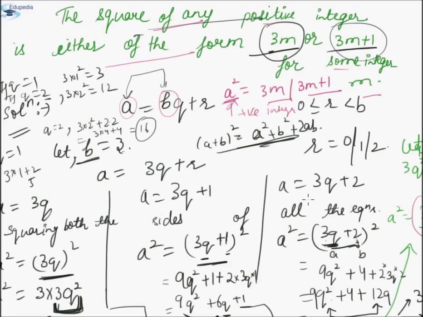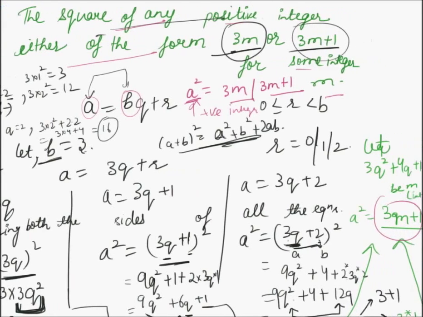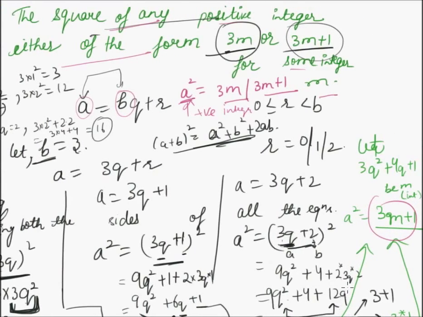Friends, in a similar way you can be asked to prove that the cube of any positive integer is of the form 9m, 9m plus 1 or 9m plus 8.